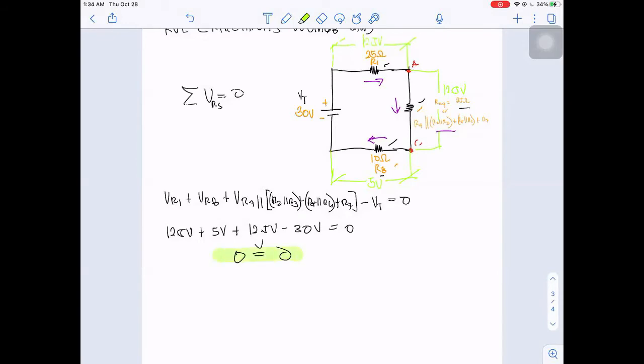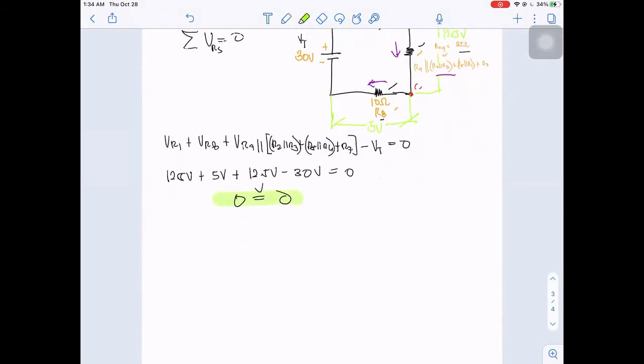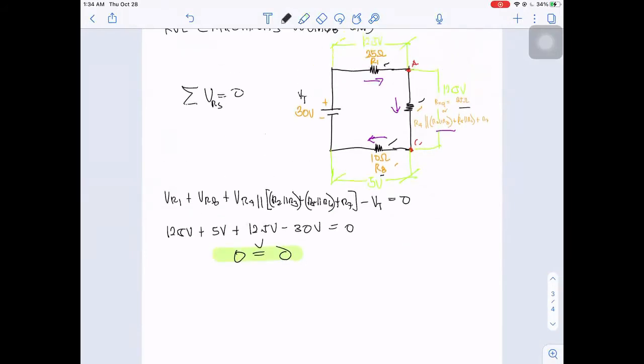Okay. Now, because of this idea, we can also solve for the current across IR4 and also the current across this equivalent resistance, because we already know the current flowing in the entire circuit.